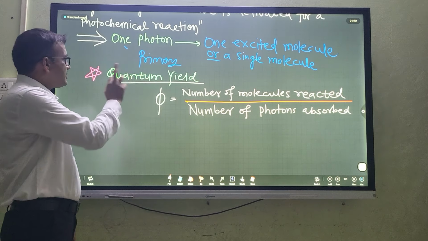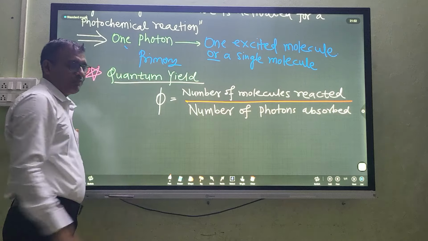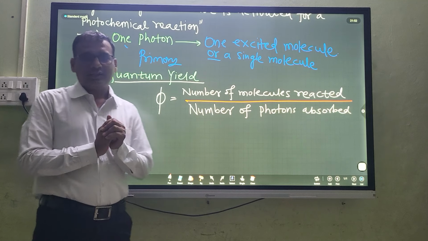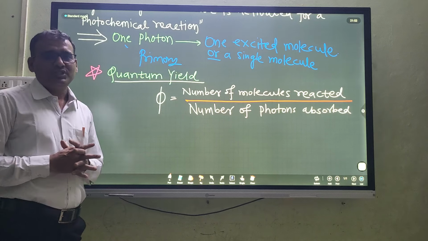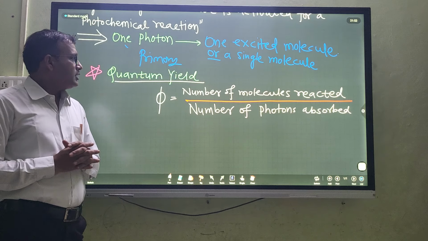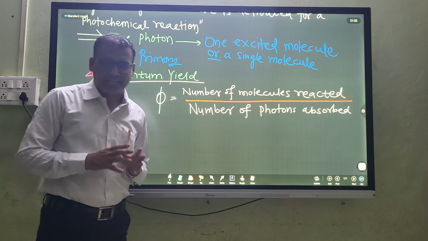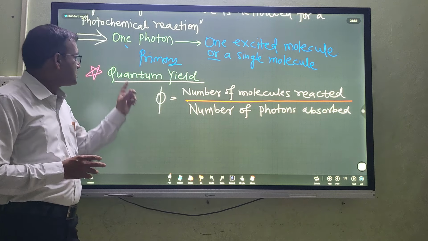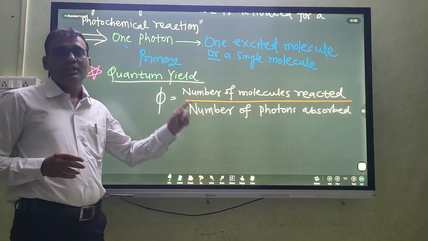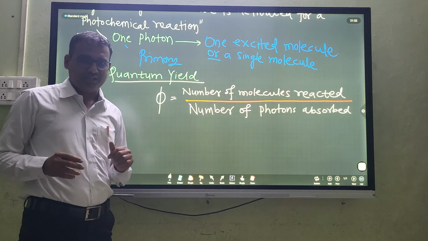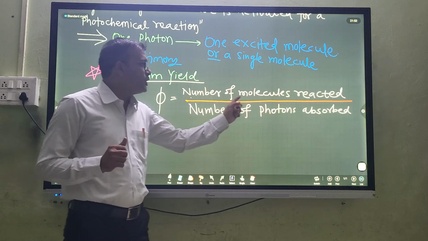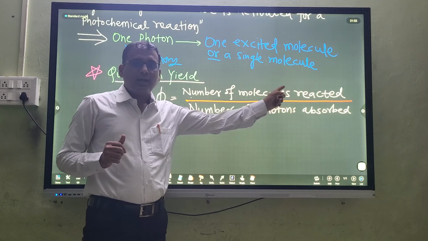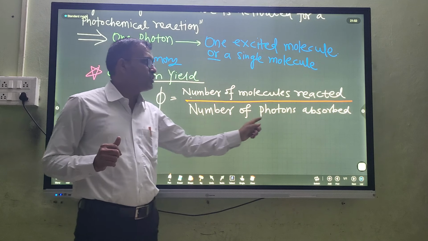Now the next part in our chapter is quantum yield. Quantum yield is a very important term in photochemistry which expresses the efficiency of photochemical reactions. The quantum yield depends on the number of molecules reacted upon the number of photons absorbed.